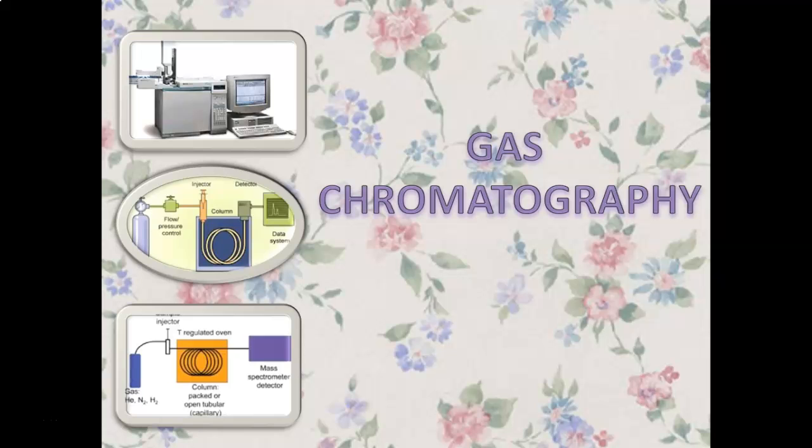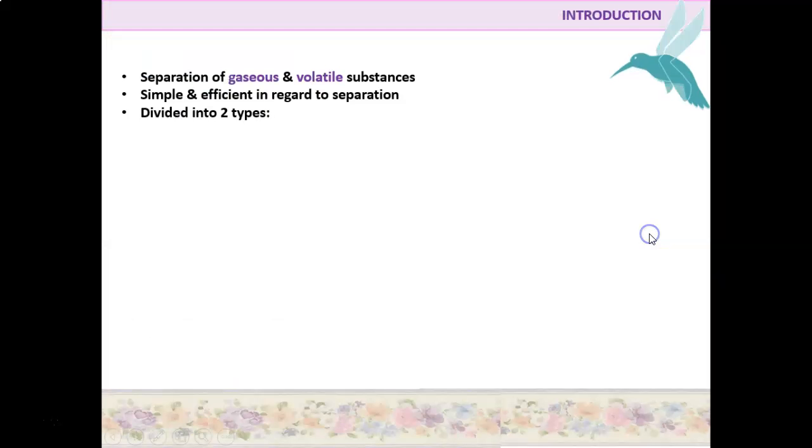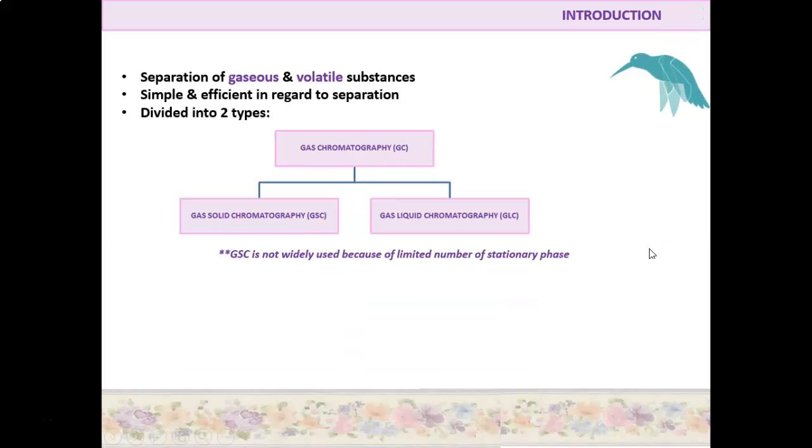Now we look at the first slide of the GC. Gas chromatography is a common type of chromatography used in analytical chemistry for separating and analyzing compounds that can be vaporized without decomposition. So basically, the sample is in the gaseous form, and it can be volatile to the environment.